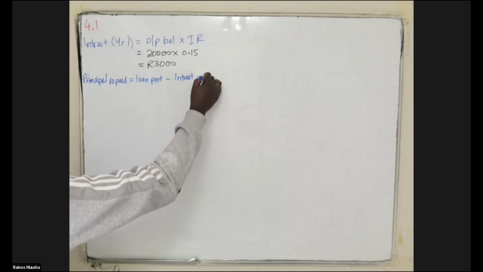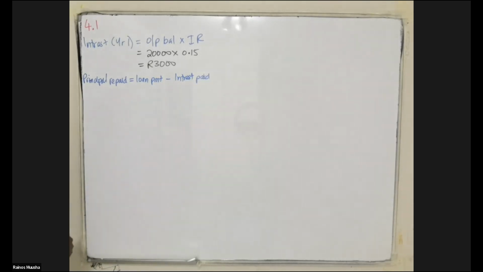So the loan payments minus the interest paid gives you the principal repaid for that particular period. Mainly because every loan payment that you make is actually split into two. Some of it is going to be charged as interest to the bank, and some of it is going towards repaying the amount outstanding.